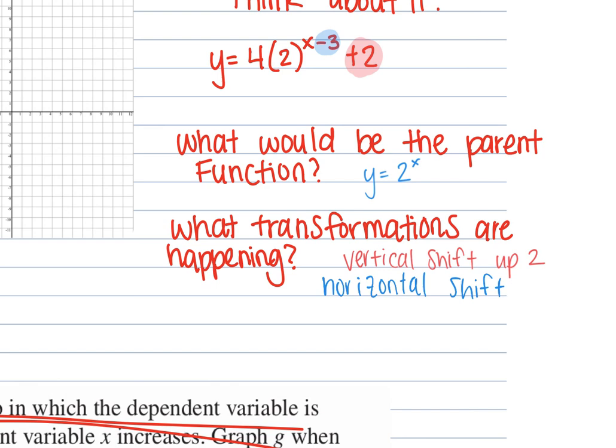To the left 3, right? Normally. But this is actually to the right 3. Why? Val? It's in opposite world, okay? So it's a horizontal shift to the right 3 units, okay? To the right 3.